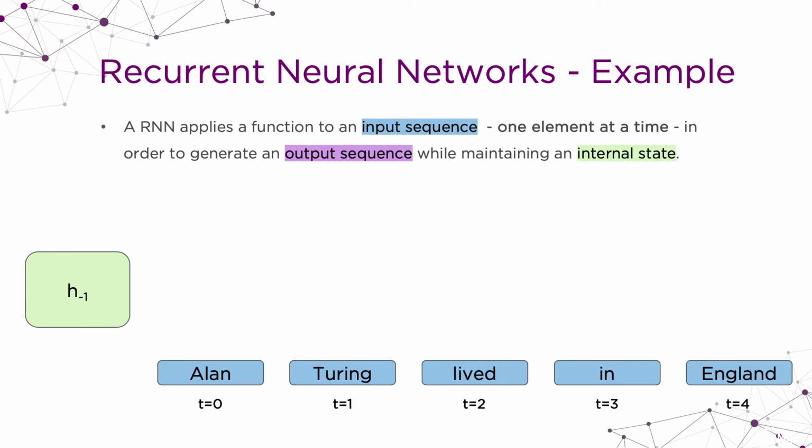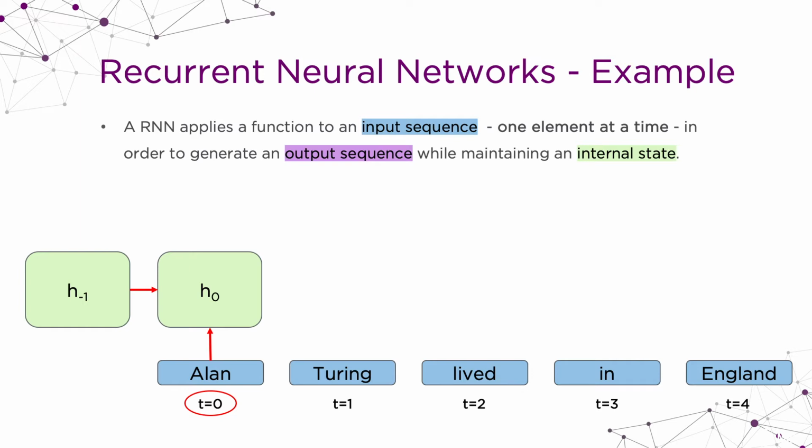At this point, we start to apply our RNN, and as we said, we want to do that one step at a time, which means we start from step 0, which is the word Alan. And what the RNN does is actually two operations at every time step. The first operation is to compute an updated internal state, so this H0. This is done by following some equations. We will see these equations later on.